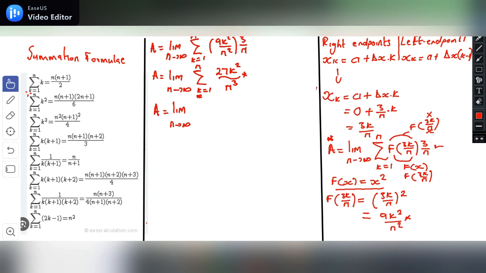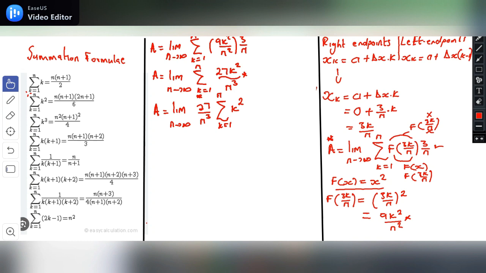We can see that we have n here, and here we have k. So we can only take n out, and also this number 27, right? It means we're going to have 27 all over n cubed, and then we have the sigma, and we'll be left with k squared. Can you guys see it? We only took out everything which doesn't have k, and we left the values which have k.